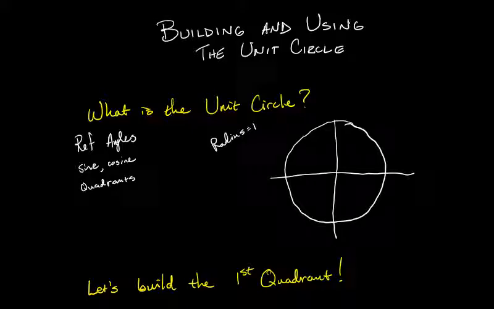So what would that make this point? That point there would be (1, 0). This point here would be (0, 1). This point here would be (-1, 0). And this point here would be (0, -1).